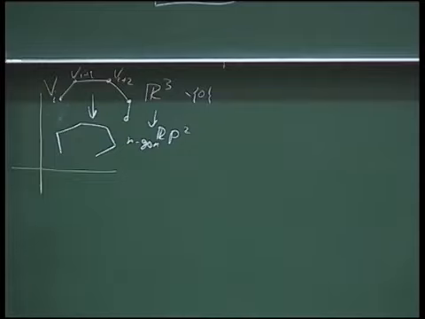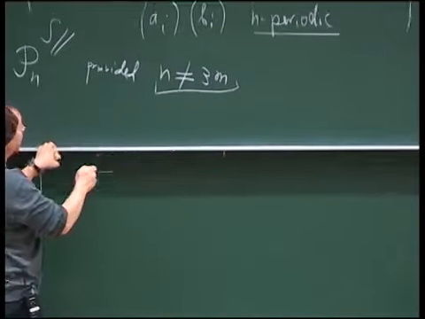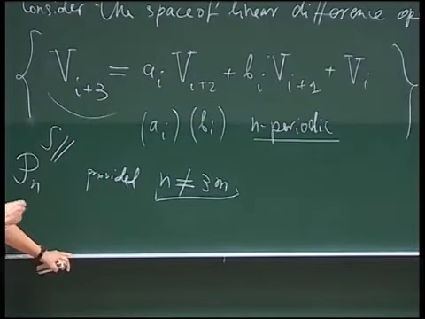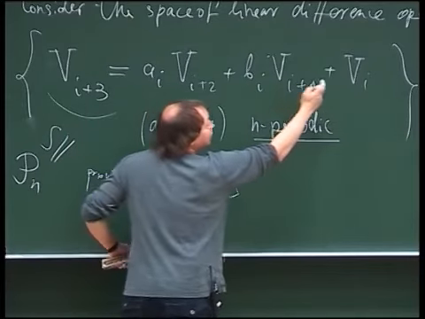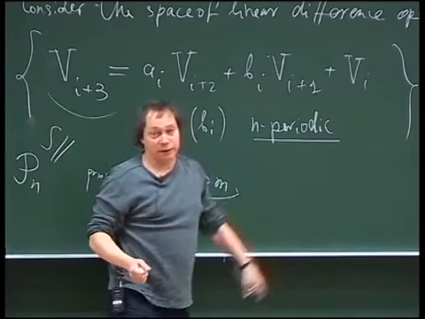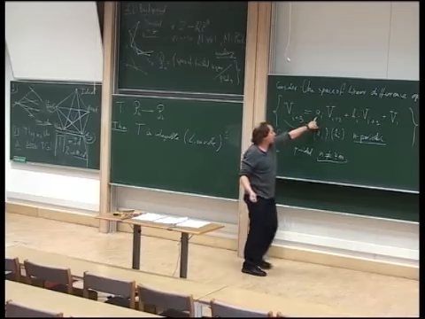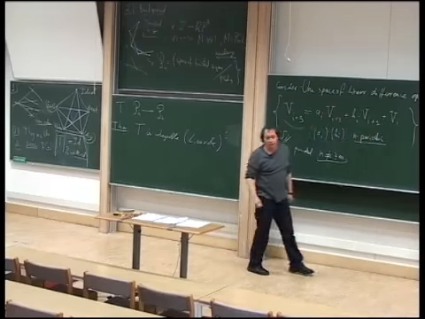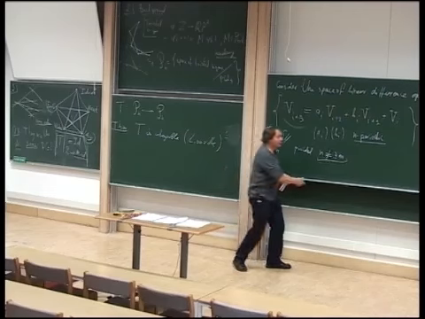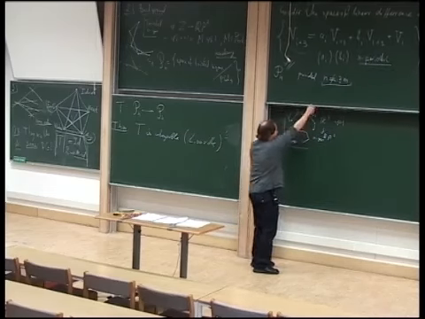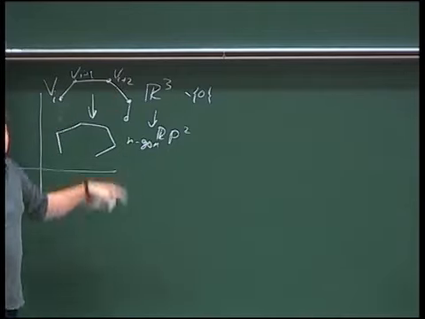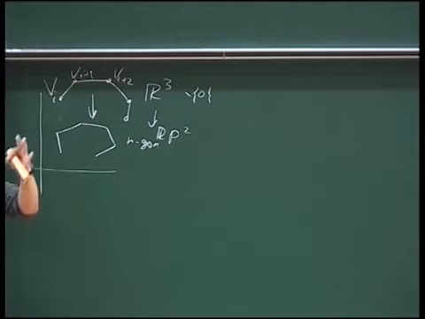Therefore, if you just take the next one, vi plus 3, it will be a linear combination of these three vectors with arbitrary coefficients a, b, and c. However, there is a way to lift this n-gon to R3 in some normalized way.